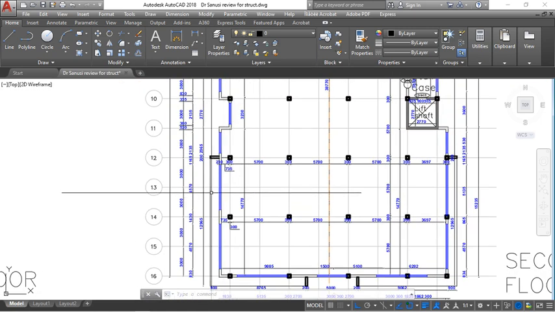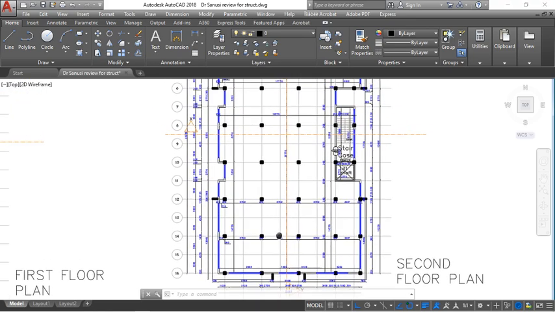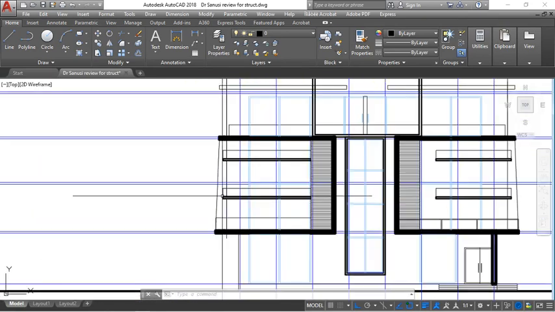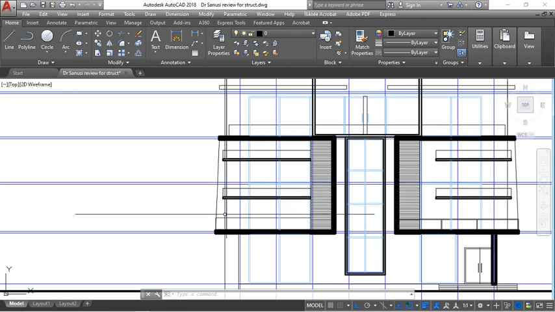coming to this elevation, you can see that the cantilever does not actually project out from that floor.